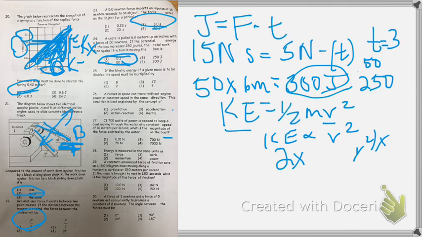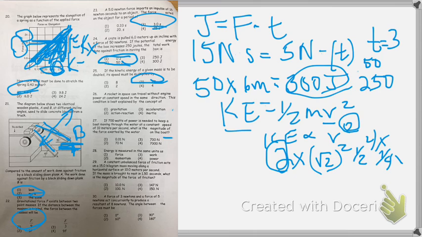If you halve your velocity, you're going to get 1/4 as much. So what number squared would give you a 2? Radical 2. Excuse me, not doubled. Squared. A square relationship would give you a factor of 2. So the answer to that one is 3. Sorry for misspeaking there. All right, 26.